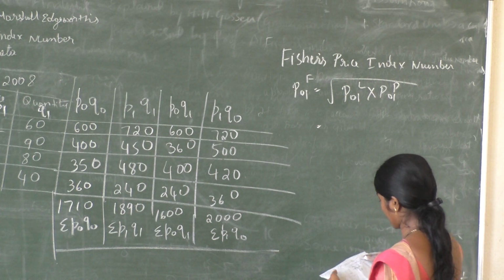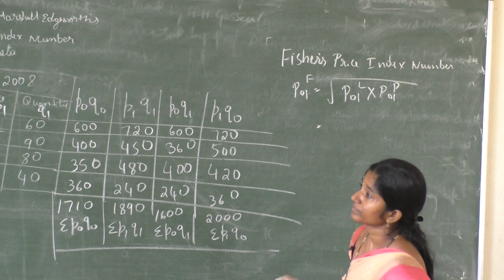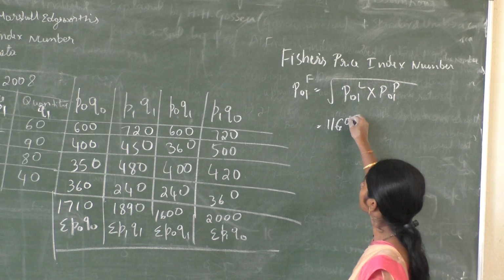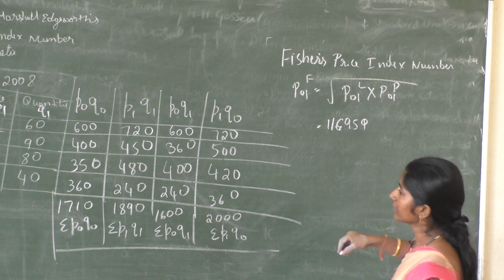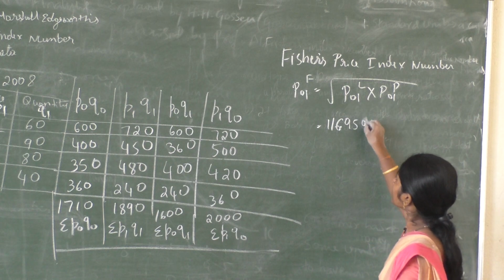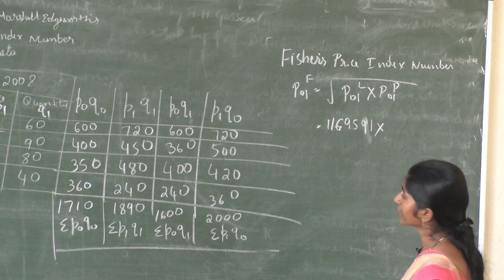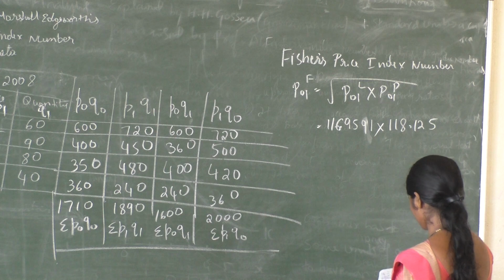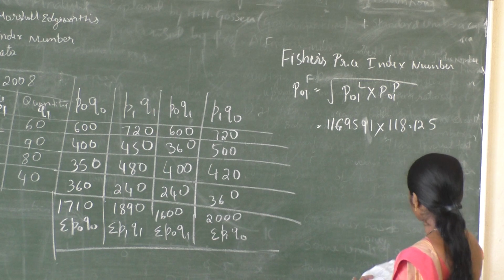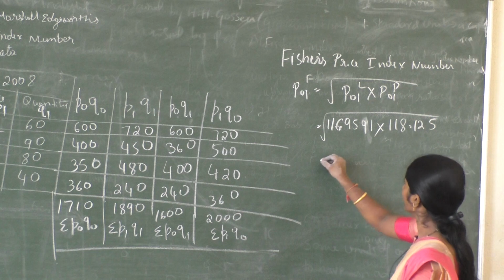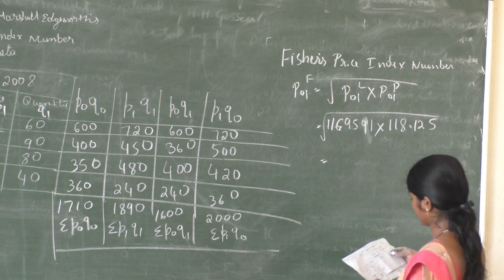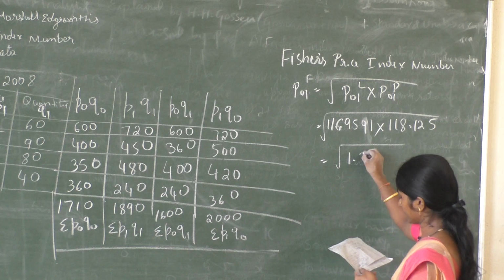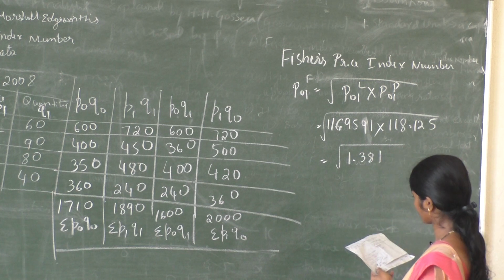The value of Laspeyres, 116.9591, multiplied with the Paasche value, 118.125, square root of that.